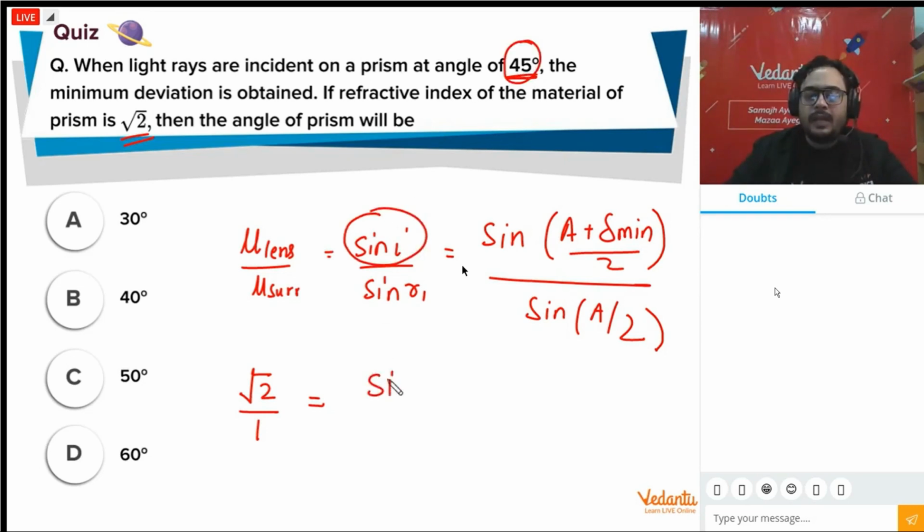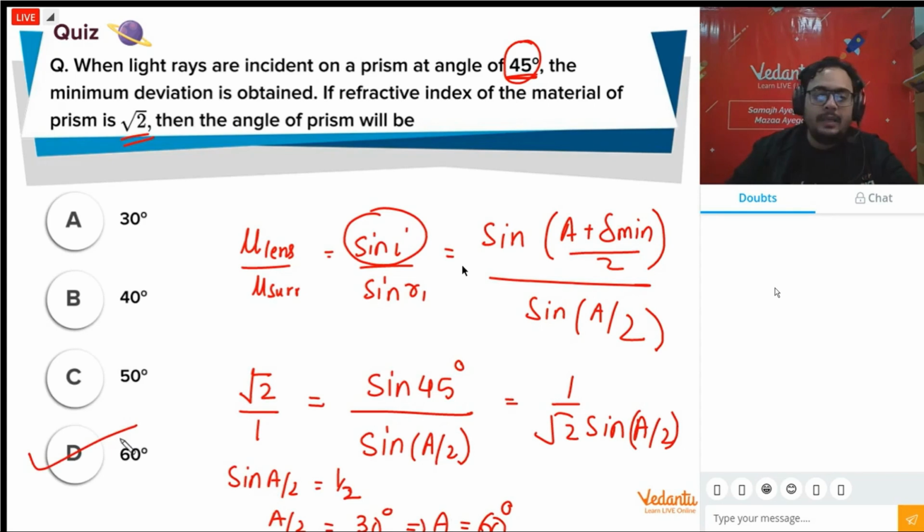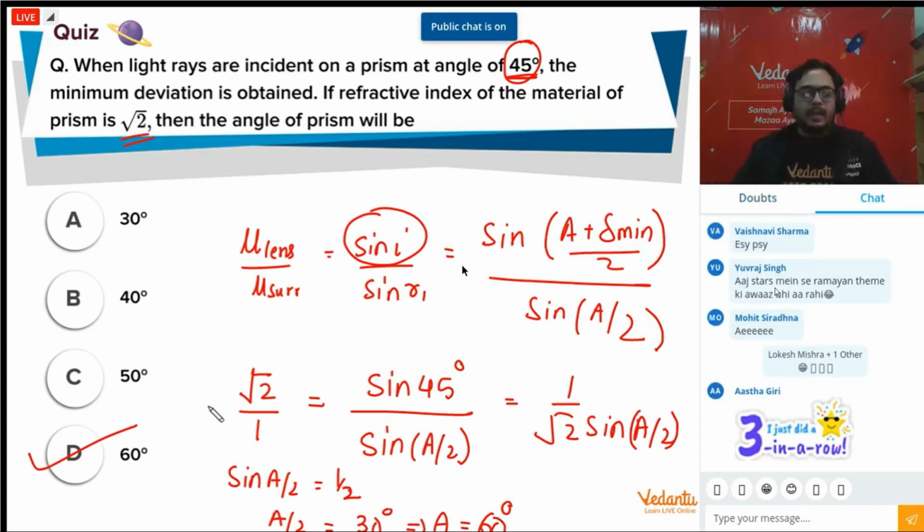So sine 45 degree upon, in the denominator sine A by 2. This will become 1 by root 2 into sine A by 2. And you will get sine A by 2 is 1 by 2, or A by 2 is 30 degree, or A is 60 degree. So answer is D.